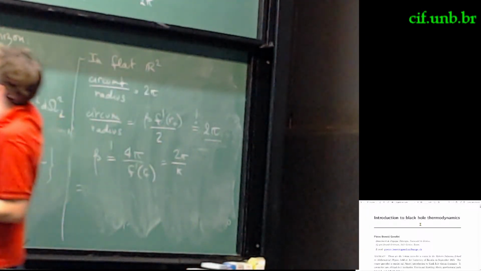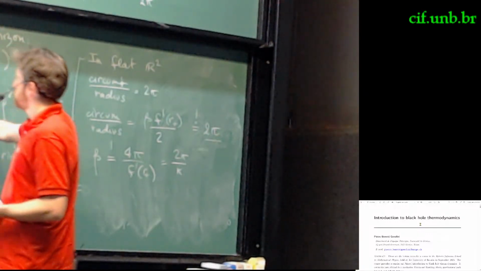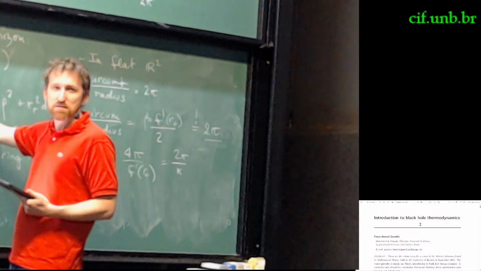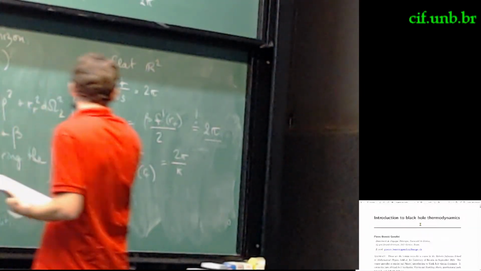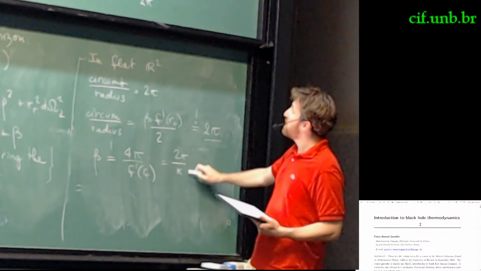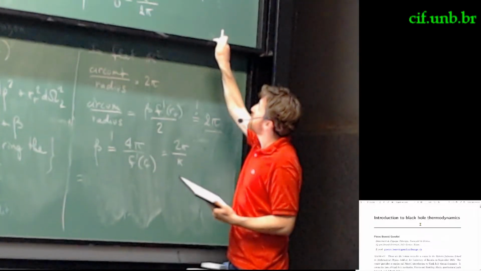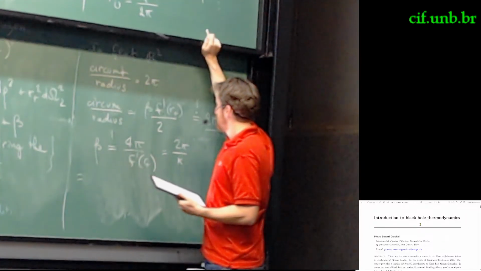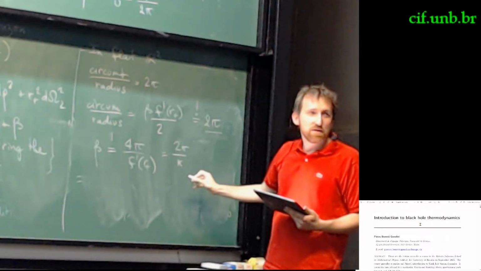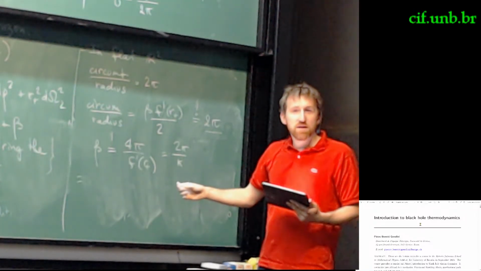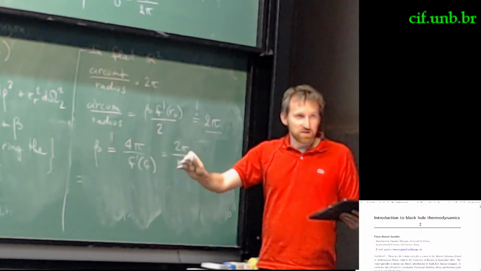For Rindler, I have alpha equal to f prime divided by 4. That's just the definition of alpha. And I noticed that the beta that I identify there, 2 pi divided by alpha, is exactly 2 pi divided by alpha. So it works for Rindler, and then I say, okay, it works for everything.